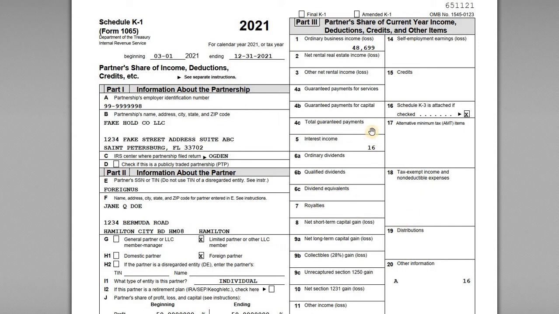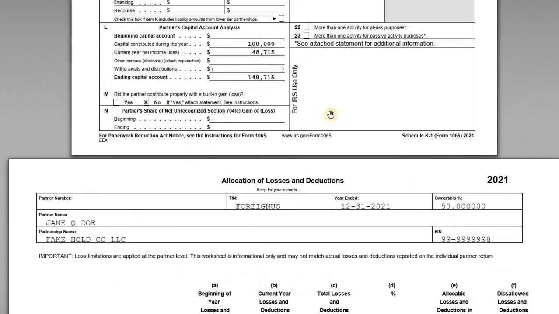The reason they've added the K-2 and K-3s is to try to provide more clarity, not just for the IRS, but for the owners, the partners in these companies, on what their allocation of earnings is based on source, and how taxes are computed accordingly. So this is where we jump into the K-3 for Jane.